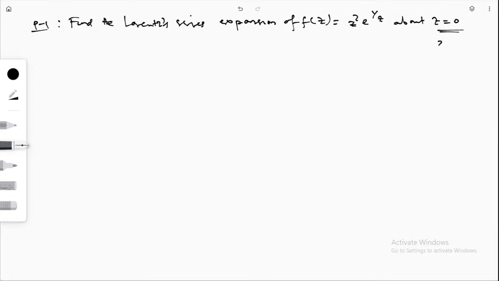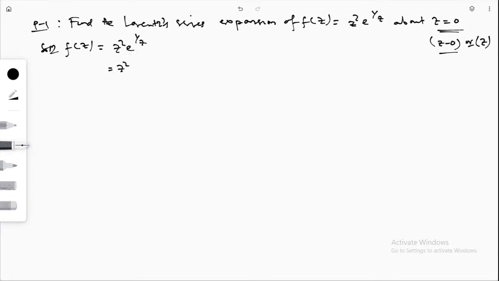So about this center means all the powers are in z minus 0 form, or you can say all the powers are in z form. That means all the positive and negative powers of z only. Okay. So what is my f of z? Our f of z is z square e to the power 1 by z.